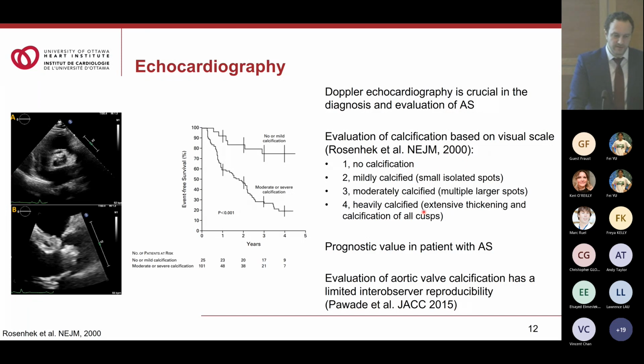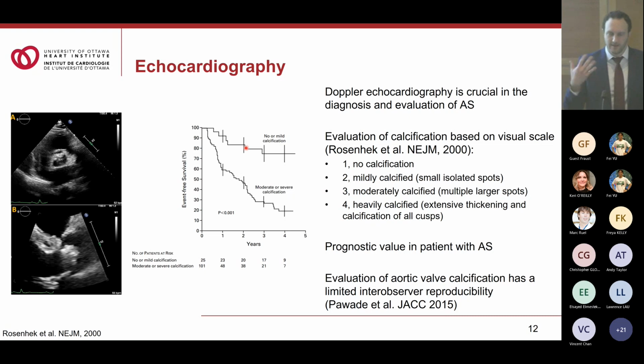Back in 2000, a paper was published in the New England Journal of Medicine that described a visual scale for calcification of the aortic valve, a 4-point scale, and they demonstrated that there was a prognostic value to that scale. Interestingly, that's what Dr. Masika noted: you can't really have severe aortic stenosis if you don't have calcification of the valve. So if you have patients with no calcification, those patients will do better.